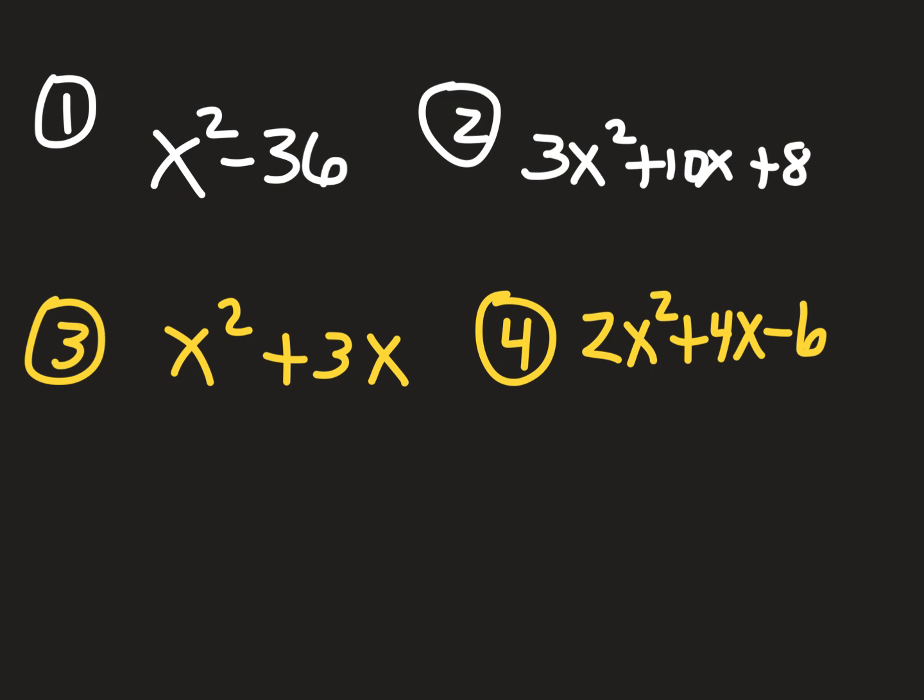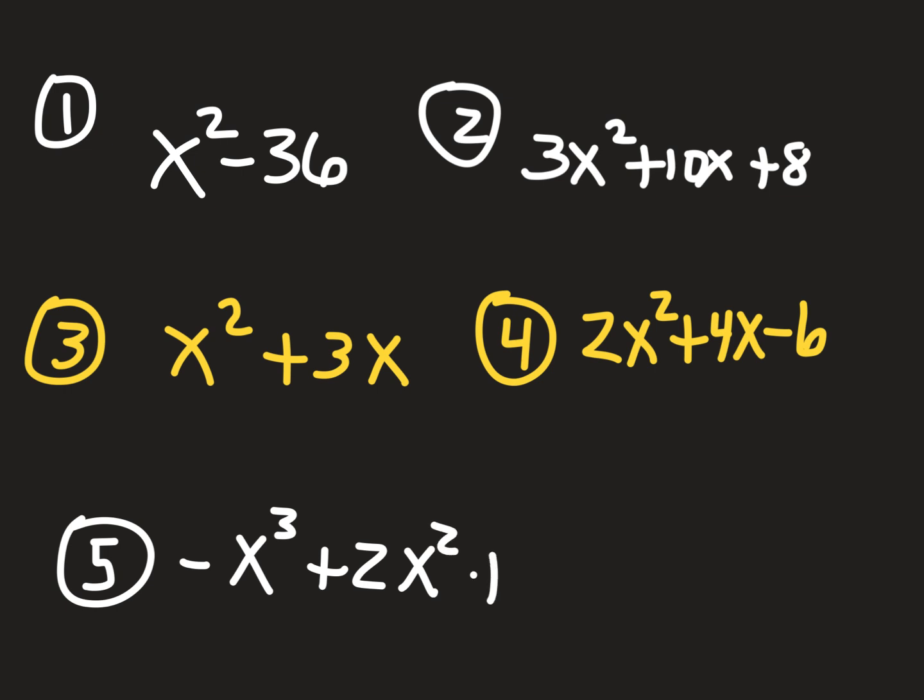That's number 4. And that, number 5, is like the hardest thing we would ever ask you to factor on the list. That one might be a challenge. But if you figure out what the GCF is, and you pull it out, it won't be that bad.